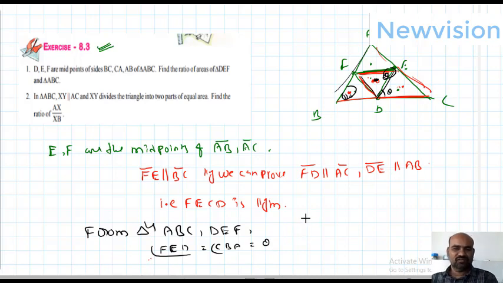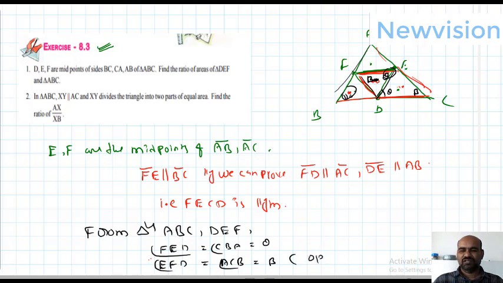Next, so this is beta. Automatically this is beta, opposite angles of a parallelogram. Angle EFD equals angle ACB equals beta, opposite angles of a parallelogram.